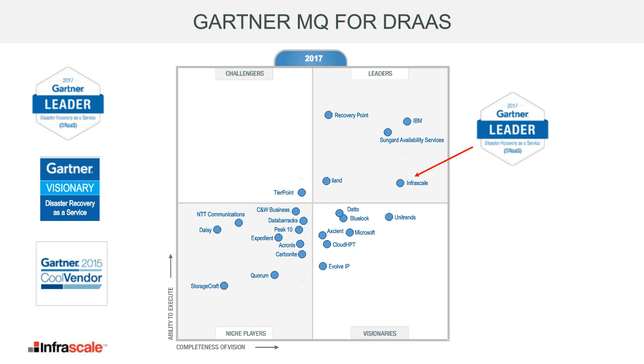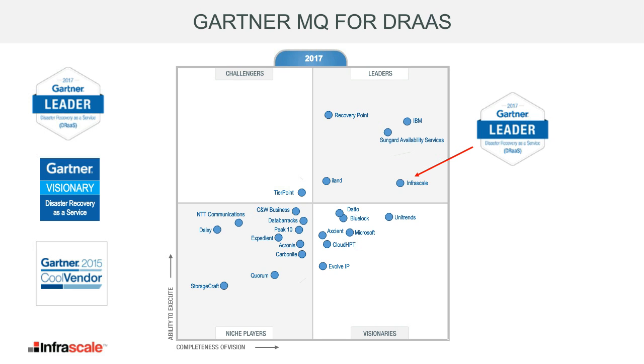So the last slide I wanted to share before we get into that Q&A is what I mentioned about Gartner just a moment ago. Our approach is getting a lot of attention. Leading analyst firm Gartner named us a 2015 Cool Vendor in Business Continuity and Disaster Recovery. In 2016, they named us a Visionary in Disaster Recovery as a Service.